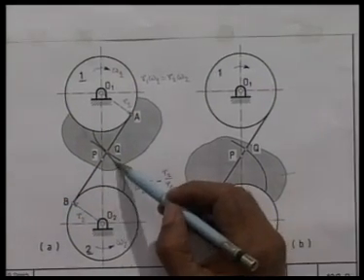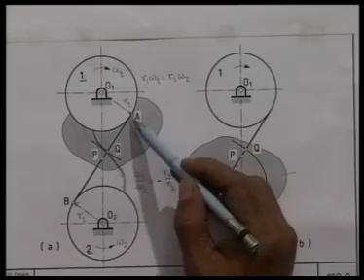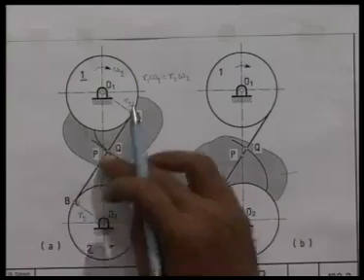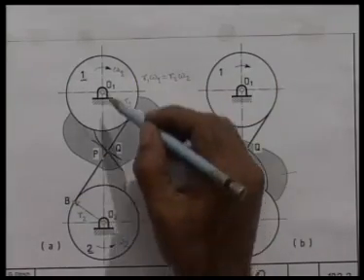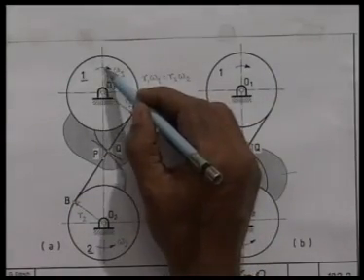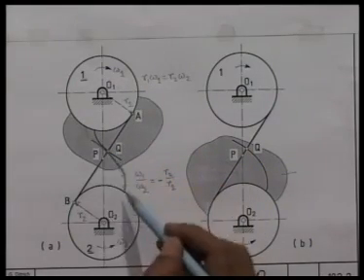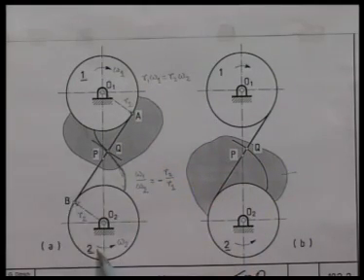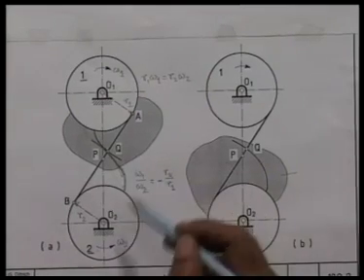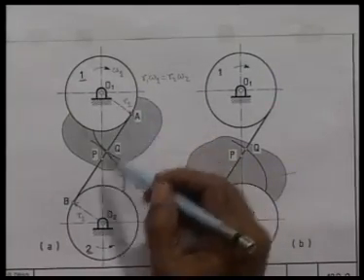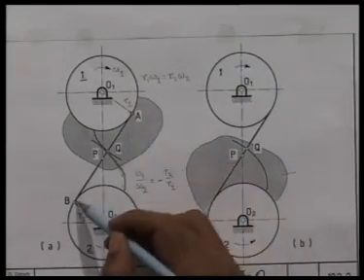Now, the point of contact between these two involutes is always on this line. And if we remove this belt now and rotate this body 1 in the clockwise direction, as we see, this involute will push this involute in this direction and this will rotate in the counterclockwise direction, maintaining exactly the same relationship as it was doing when they were connected by this belt.